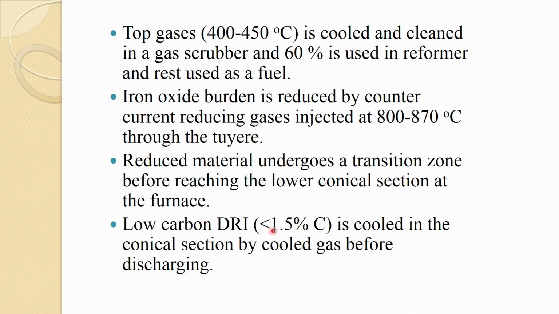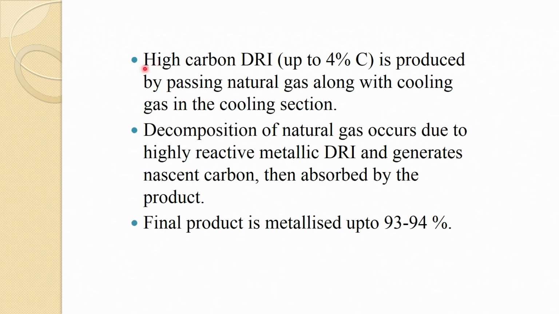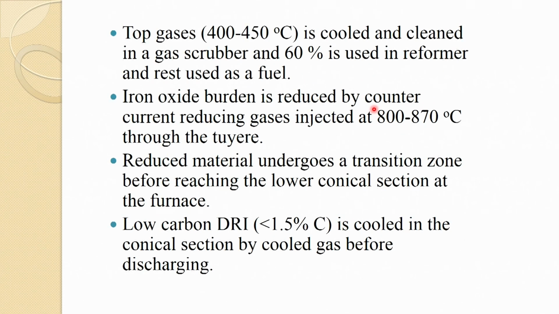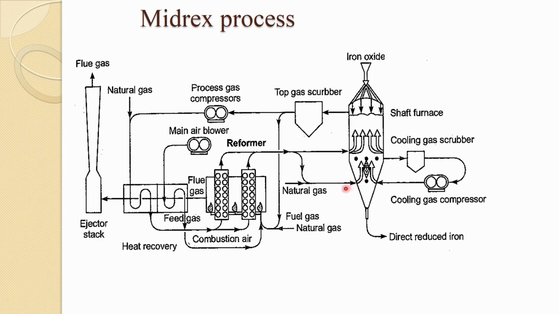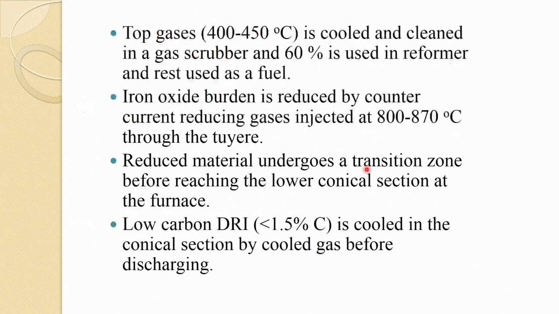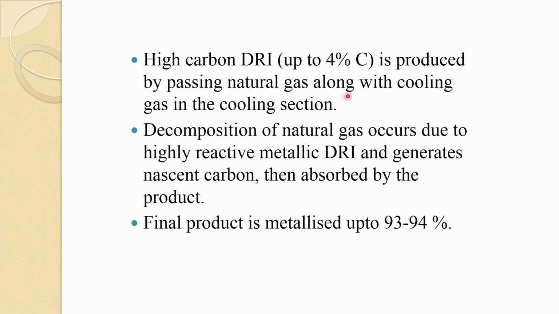So, it has very low carbon, so the melting point in that way is quite high and it never reaches that melting point. High carbon DRI, up to 4%, is produced by passing natural gas along with cooling gas in the cooling gas section. So, you see here natural gas along with the cooling gas, you can get a high percentage of carbon, which is probably that Boudouard reaction which we saw.